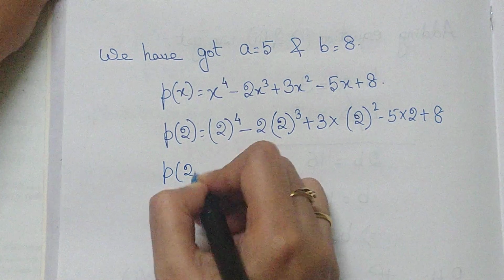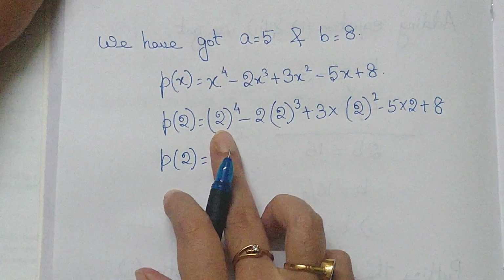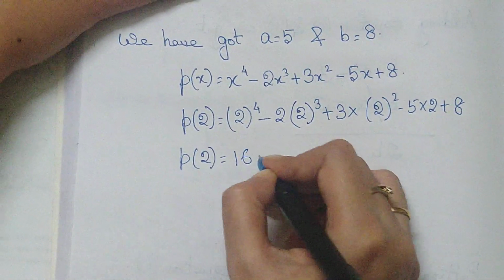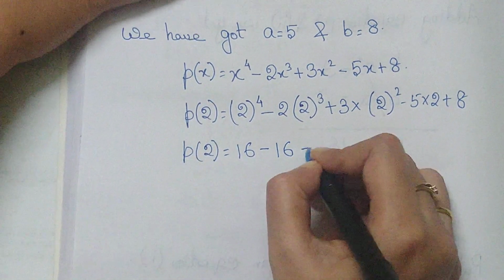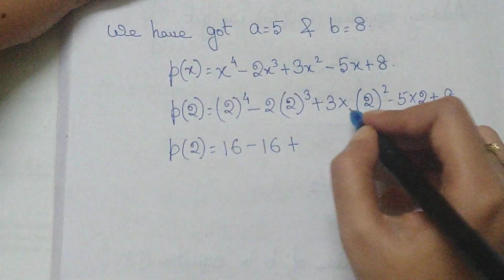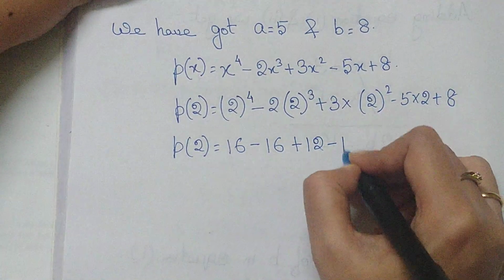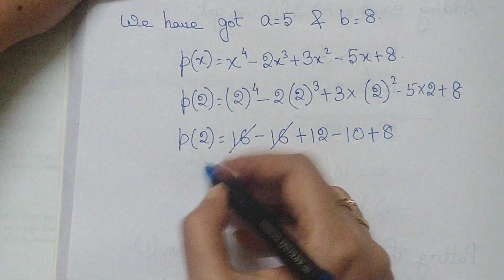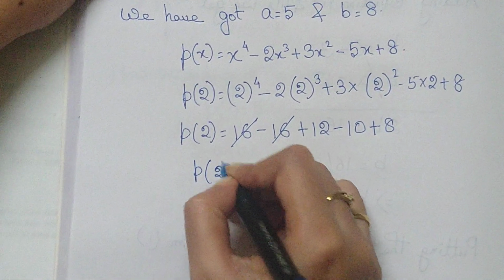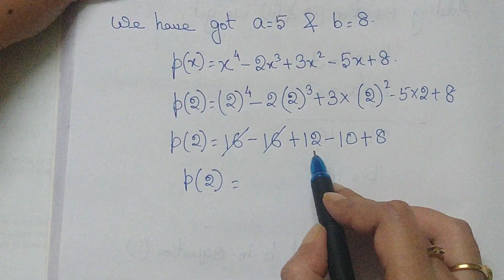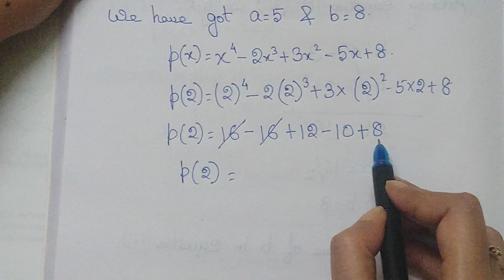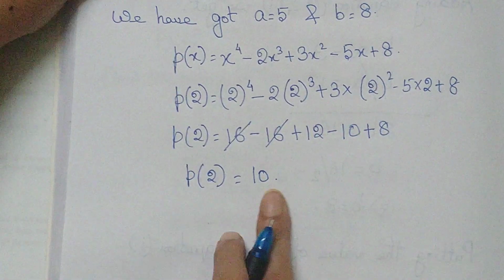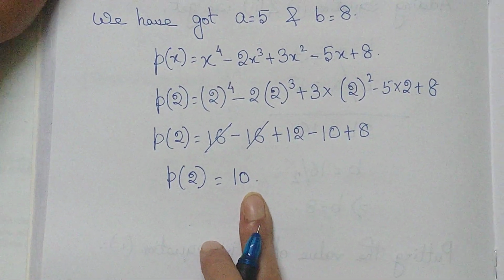So P(2) equals 2 to the power 4, that means 2 2s are 4, 4 2s are 8, 8 2s are 16, minus again 16 plus 2 2s are 4, 4 3s are 12, minus 10 plus 8. 16 minus 16 cancel out. So P(2) equals 12 plus 8 gives you 20, 20 minus 10, that is 10. So the remainder is 10.